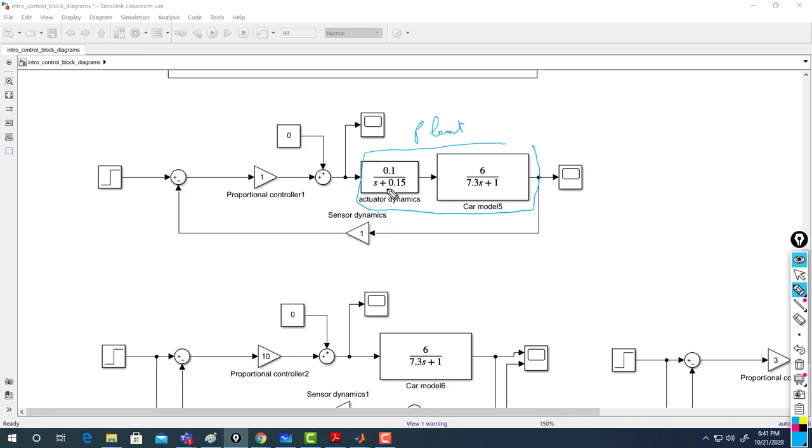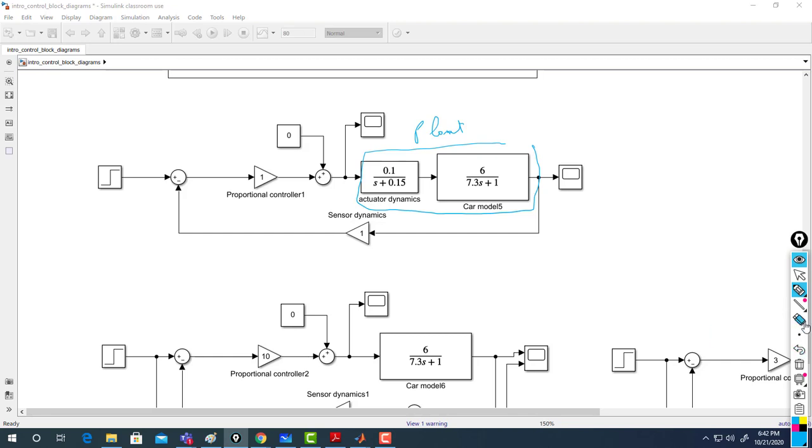It's not order 1, it's order 2 in this case. For a higher order system like order 2, you will find that increasing the proportional gain will lead to system oscillation.